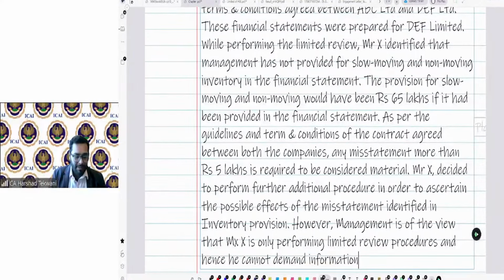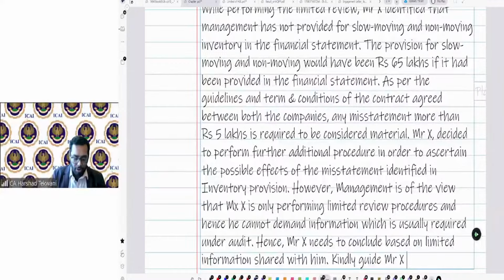Hence, Mr. X needs to conclude based on the limited information shared with him. Kindly guide Mr. X on non-availability of the information for assessing the possible effects of the misstatement.